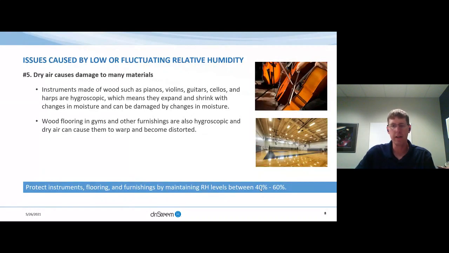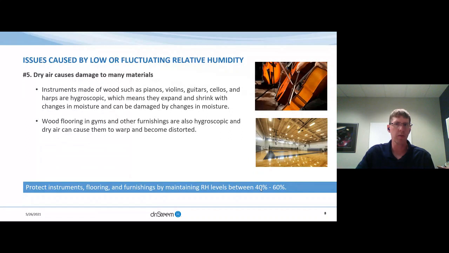And thinking not just about the people who inhabit all these different buildings, but also the materials that are placed in each of these spaces. So think of wood floors in a gym or musical instruments as an example. Wood is very hygroscopic and it changes size depending upon the amount of moisture.